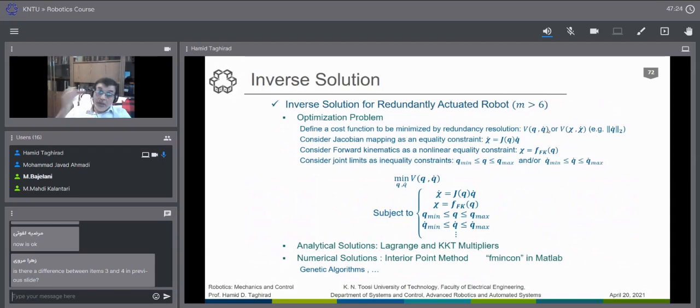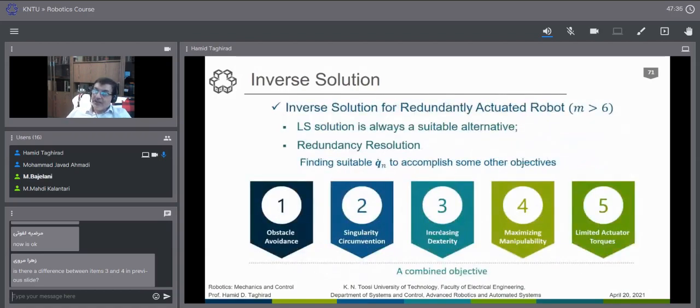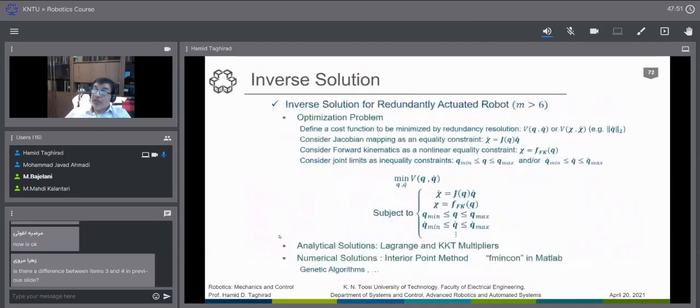And usually we consider this to be Jacobian dependent, because you saw that many of the issues like singularity, dexterity, and manipulability are dependent on the Jacobian. Of course, obstacle avoidance is not like that. For obstacle avoidance, we should find another way to do that.